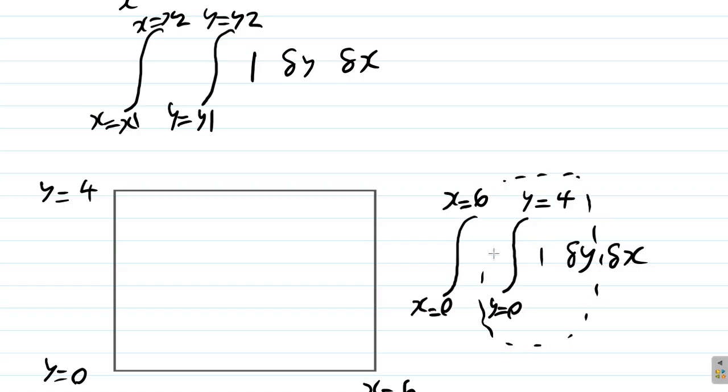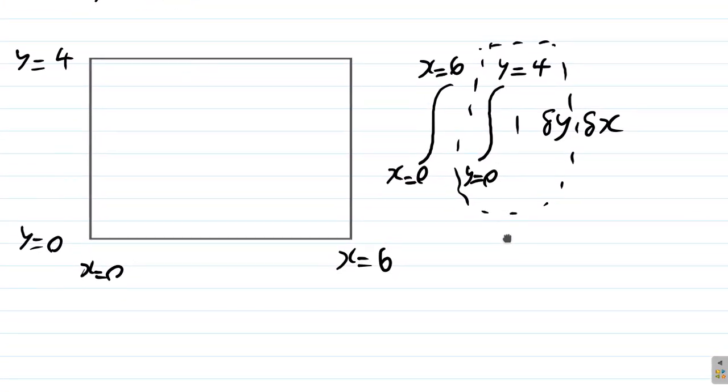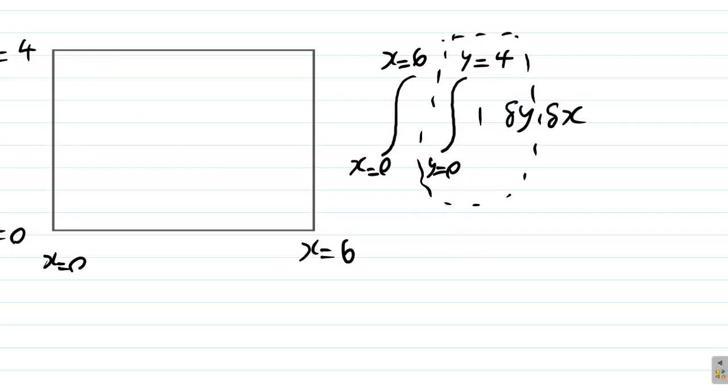Now you're going to do the middle integration first. So you remember, when you integrate 1 with respect to Y, well, let's do the integration. It's going to be Y, and it's a definite integration, so you define the boundaries going from 0 to 4.